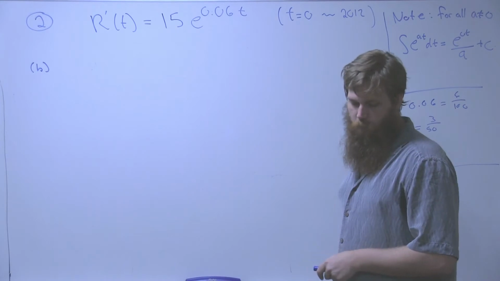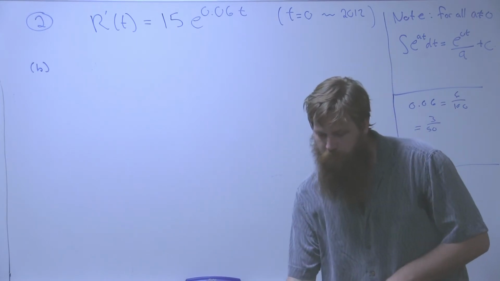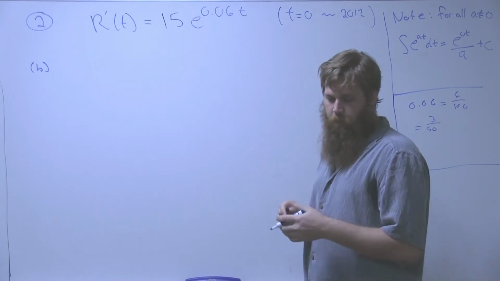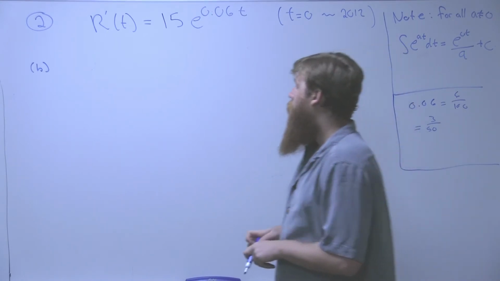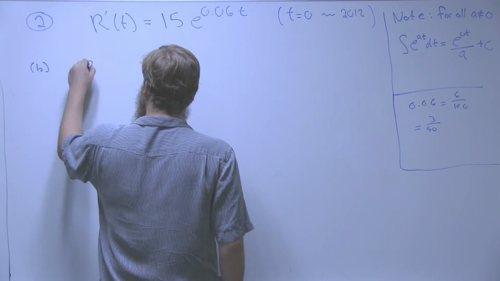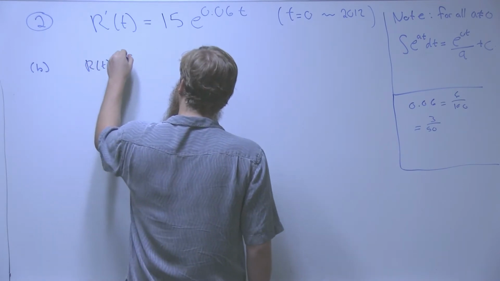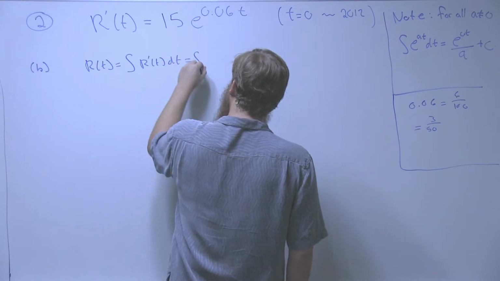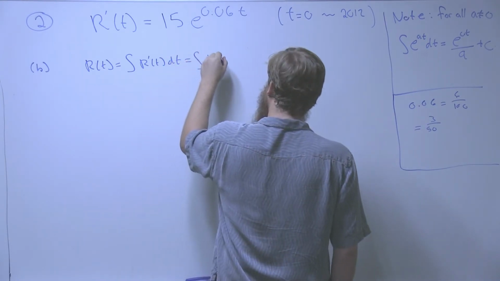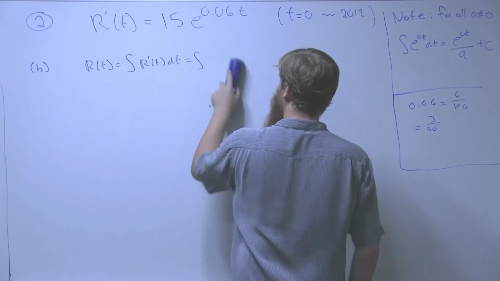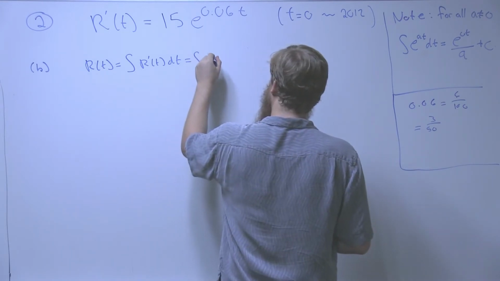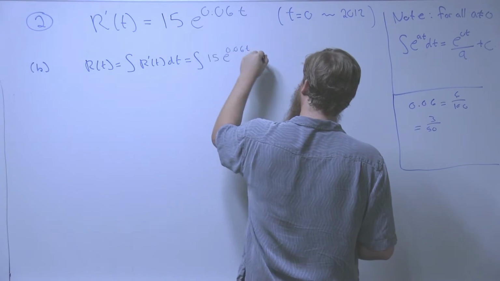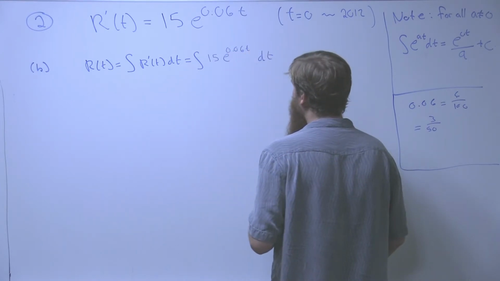In part B, we're told that 10 million metric tons of zinc were consumed in 2012, and we're to find a formula for r. Now, we know that r is the antiderivative of r prime of t, which is the antiderivative of 15 times e to the 0.06 t dt.